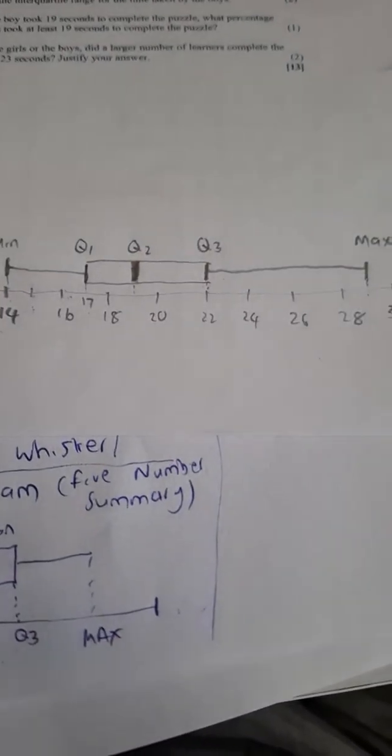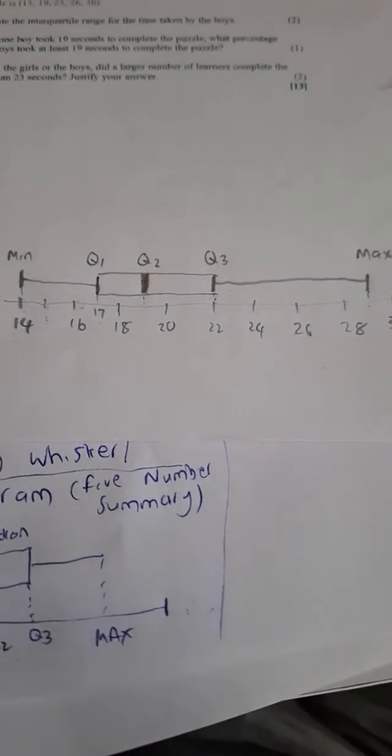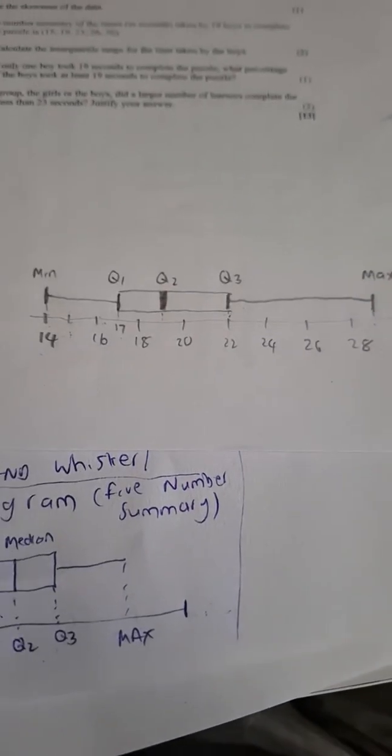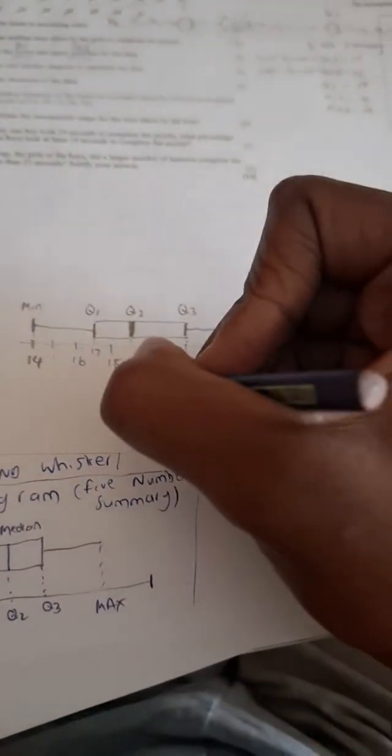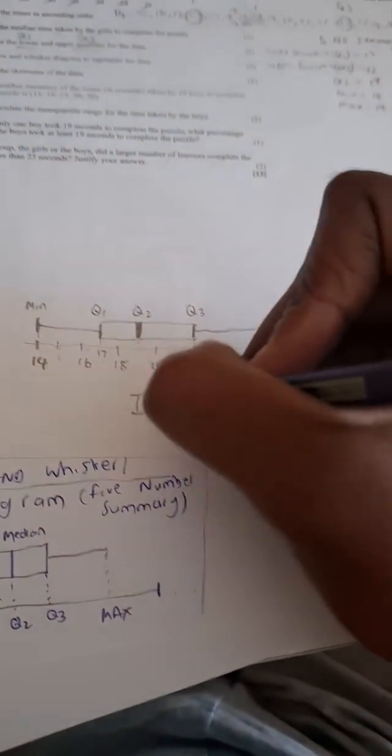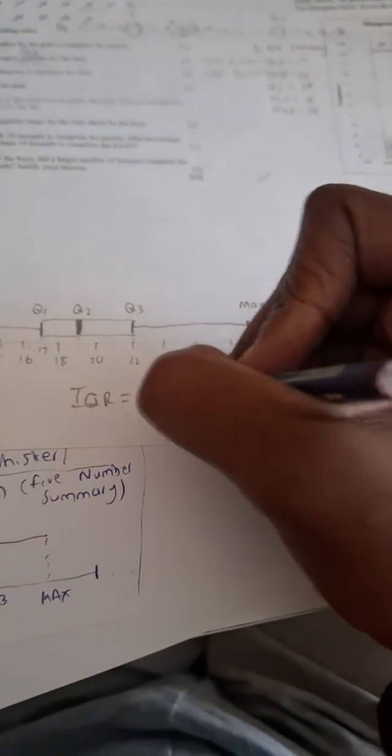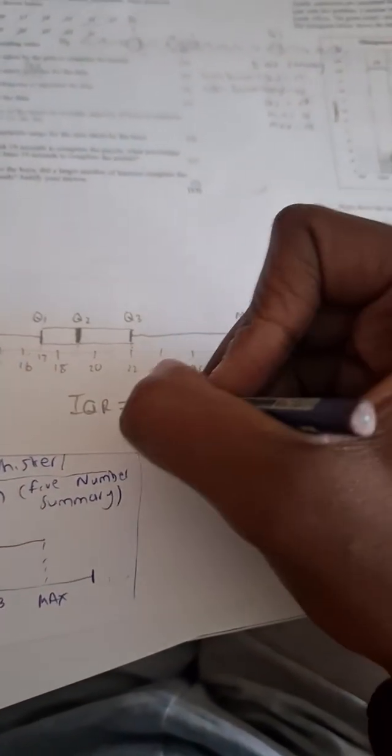The next question says, calculate the interquartile range for the time taken by the girls. Calculate the what? The interquartile range. Okay, what is interquartile range, guys? When they want us to calculate interquartile range, what do they mean? Remember from the formula, IQR, interquartile range, is Q3 minus Q1.